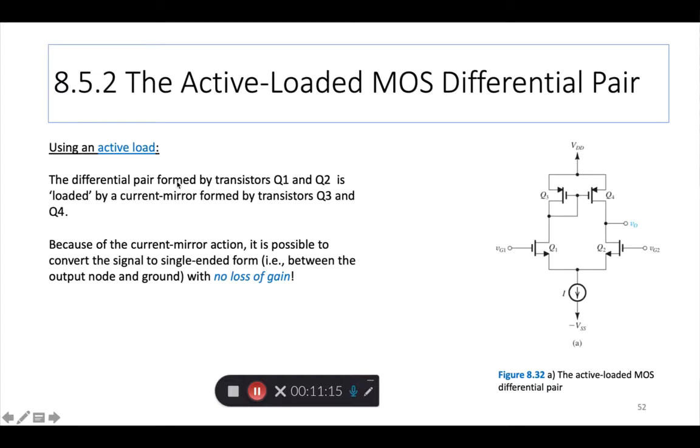So the differential pair formed by transistors Q1 and Q2 is loaded by a current mirror formed by transistors Q3 and Q4.